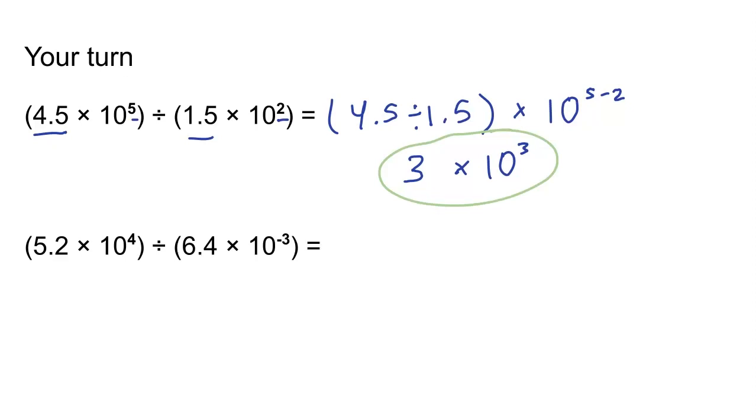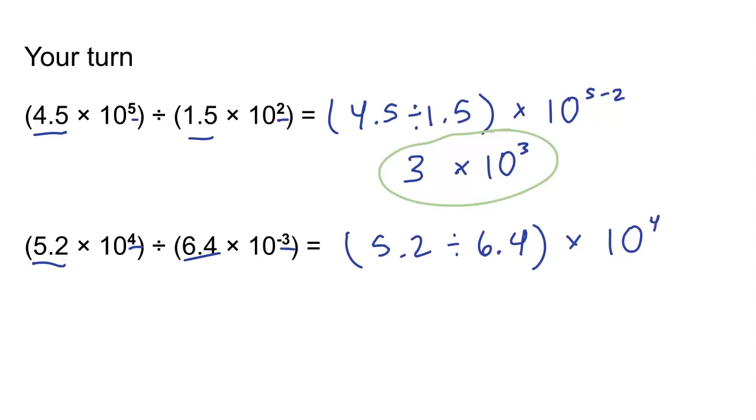Next you have 5.2 times 10 to the 4th divided by 6.4 times 10 to the negative 3rd. So once again, start by dividing the coefficients, 5.2 and 6.4. And then subtract the exponents, 4 and negative 3.